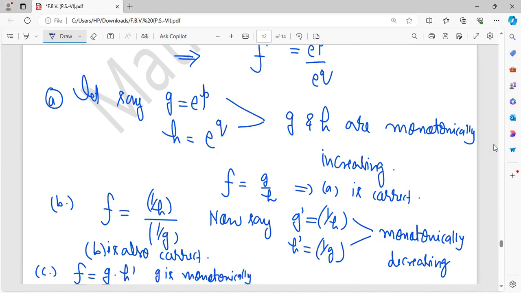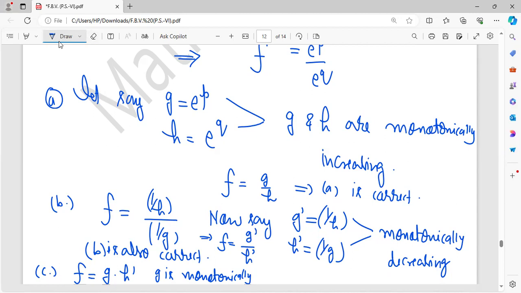So here f is equal to g dash upon h dash, where g dash is monotonically decreasing and h dash is also monotonically decreasing.